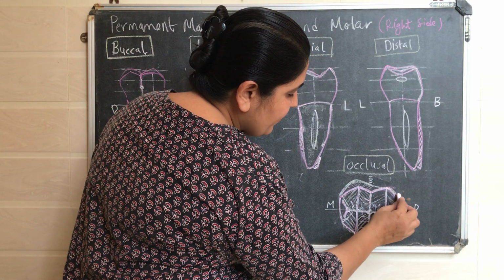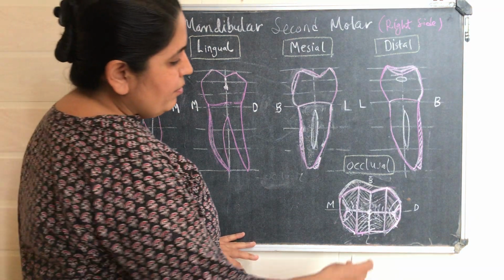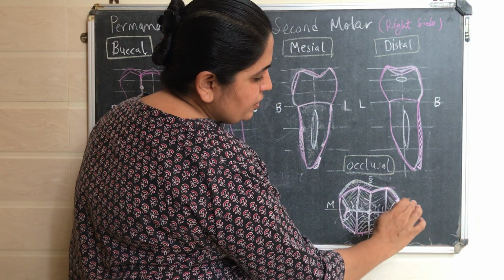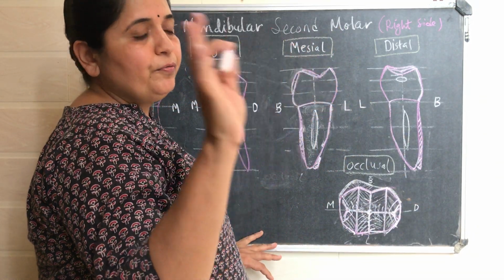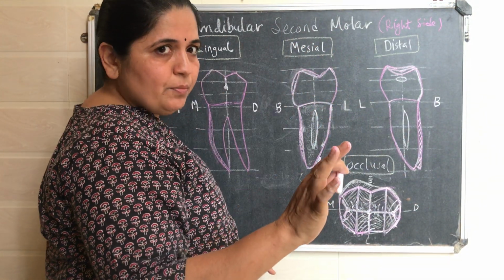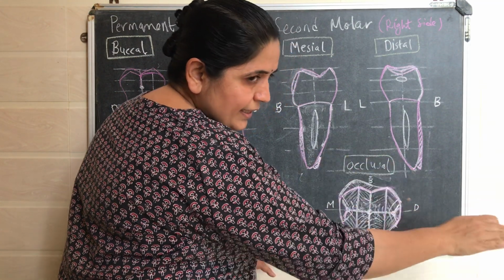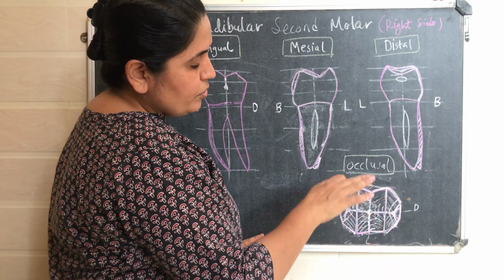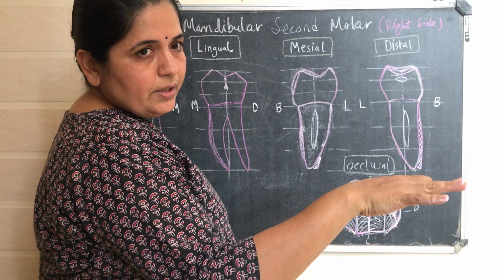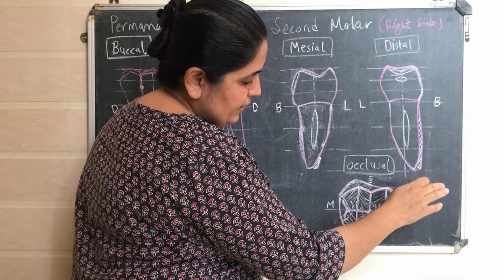The buccal surface is inclined towards the distal side, but there is more inclination of the buccal surface towards the distal side as compared to the first molar. In the first molar also, the buccal surface inclination is towards the distal side. In the second molar also there is inclination towards the distal side, but in the second molar there is more inclination.